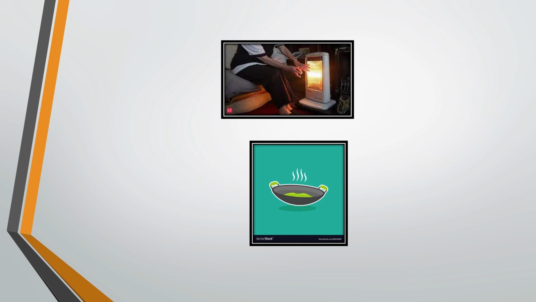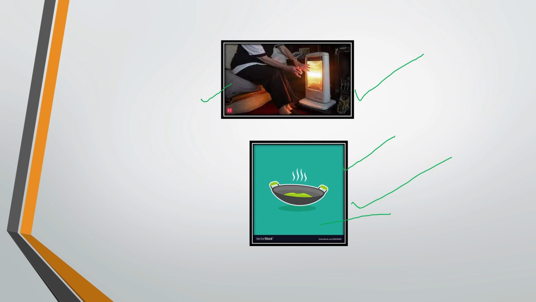So these are two examples of radiation. If we sit near a heater we feel warm, and when we move away from the heat it cools down. In the same way our body too gives heat to the surroundings and receives heat by radiation.